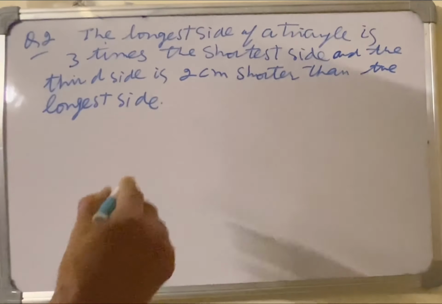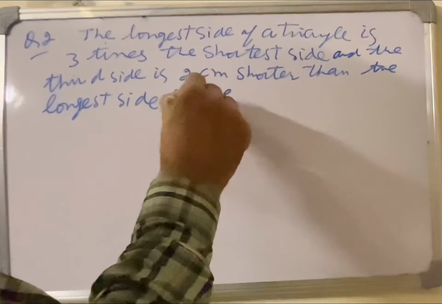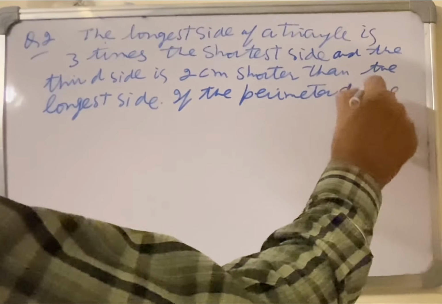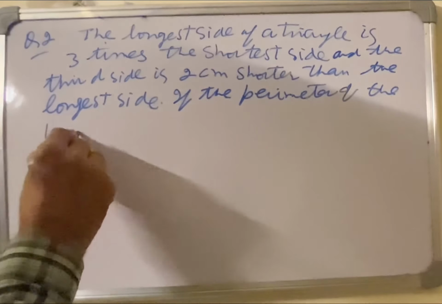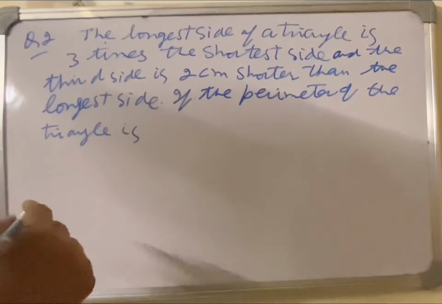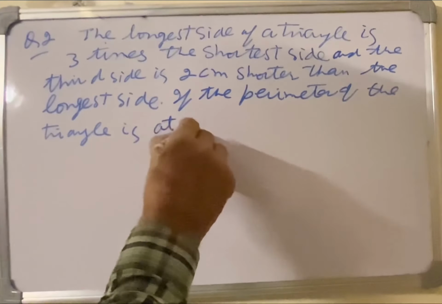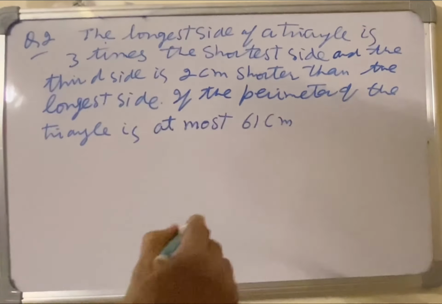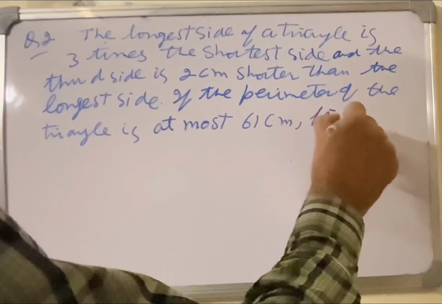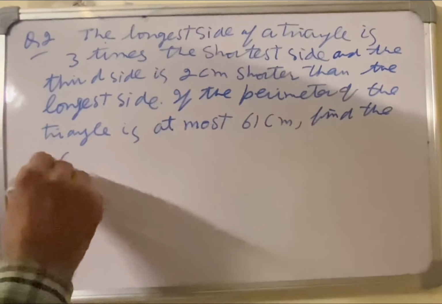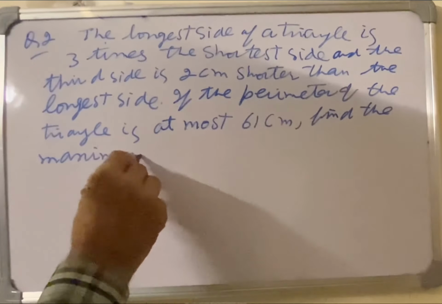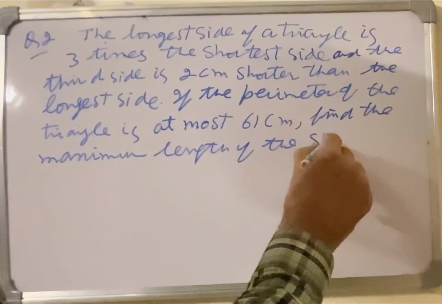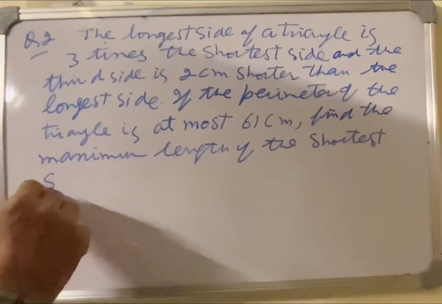If the perimeter of the triangle is at most 61 centimeters, find the maximum length of the shorter side.